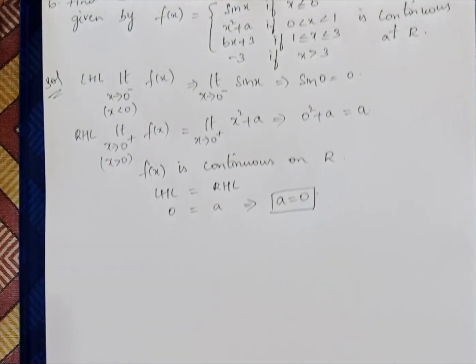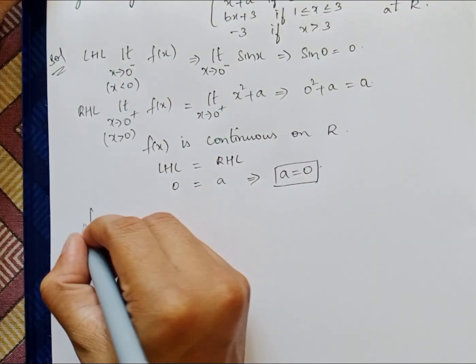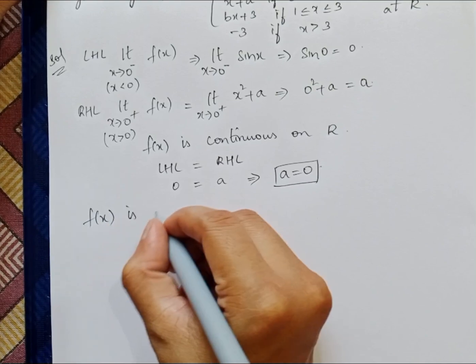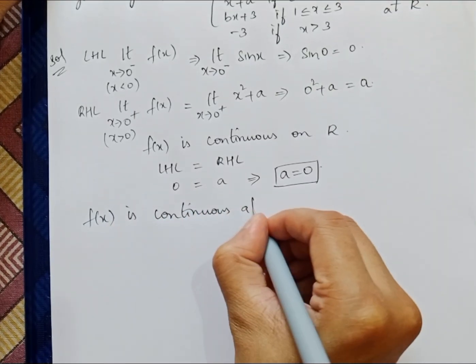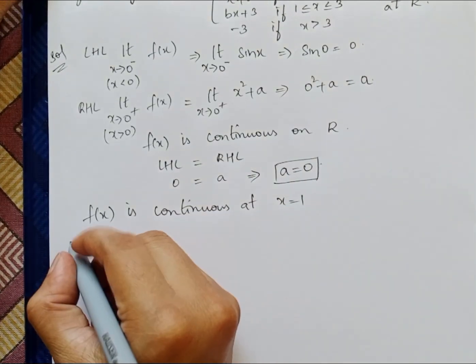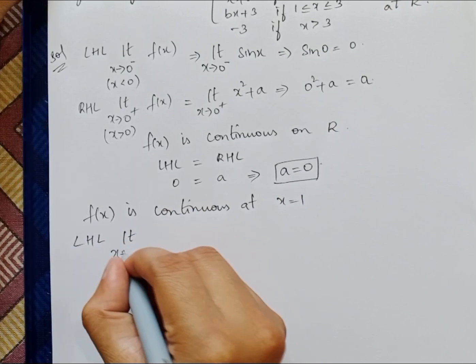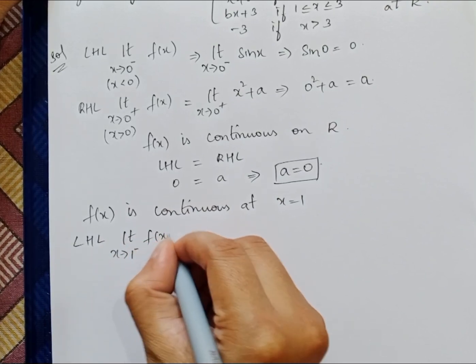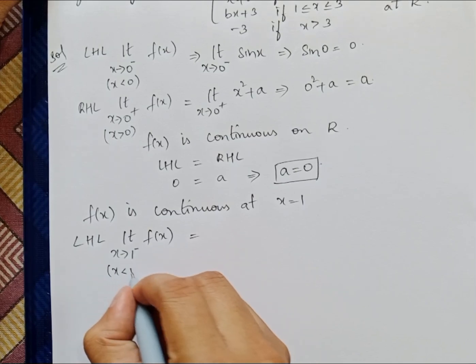Similarly, you have to solve for 1. f of x is continuous at x equals 1. So the left hand limit is x tends to 1 negative of the function f of x. Here 1 negative means x is less than 1.